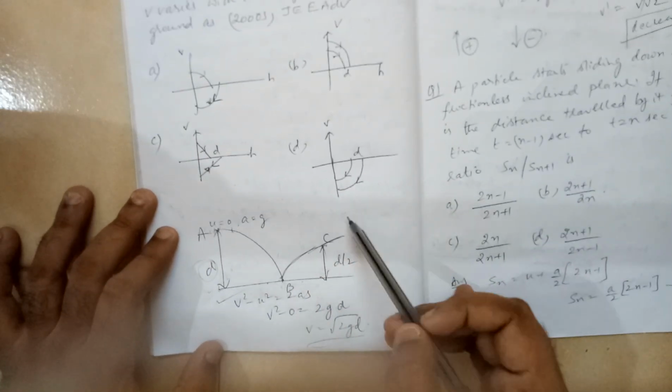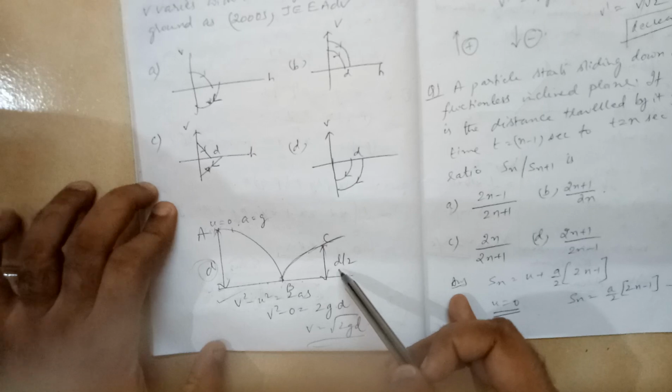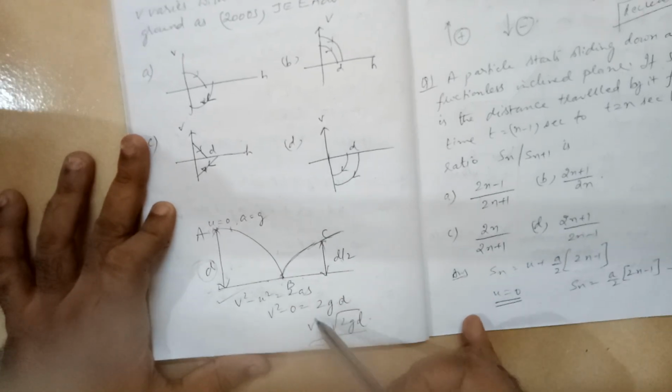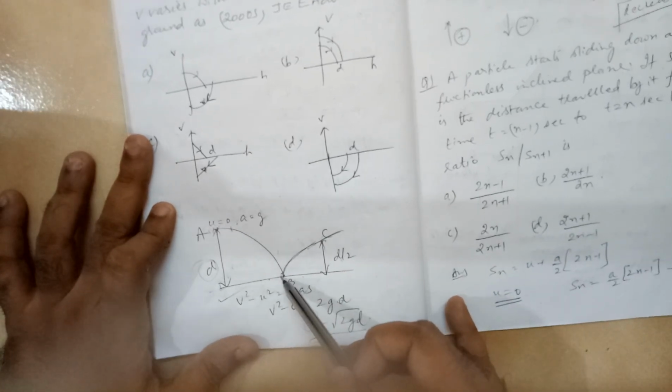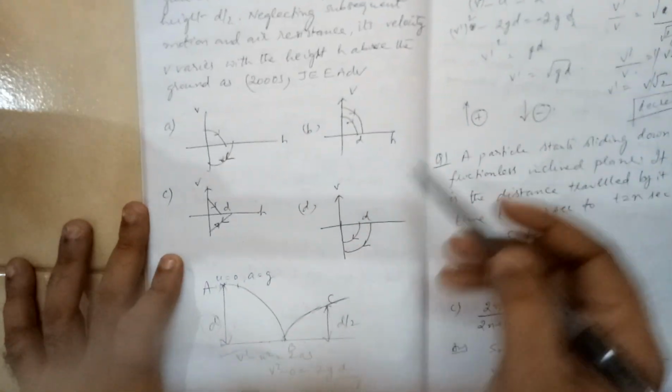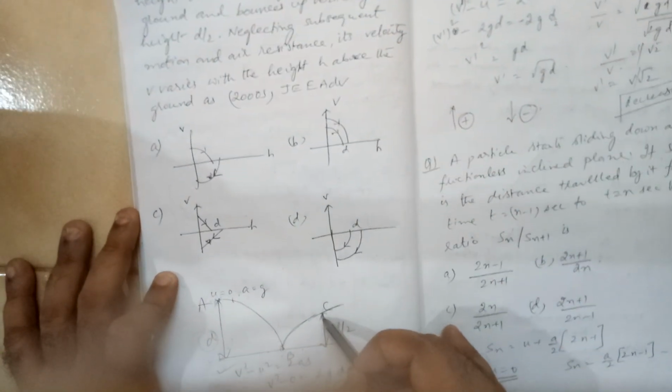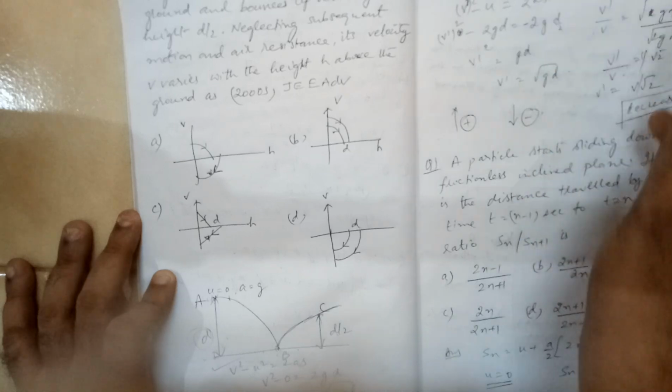Now in the second stage it rises to a height d by 2. That means this final velocity now becomes the initial velocity, and at the top point, it's not the top point but some intermediary point. Let us say the velocity is v dash.